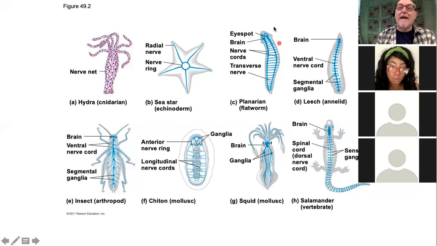And that means that the front has the potential to be the major receiver of incoming information, incoming sensory information. Makes sense. If you have a front that is always going first, you want that front to be able to see what is happening in the environment.